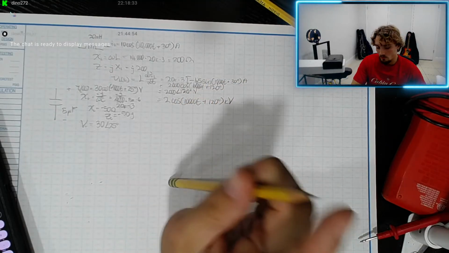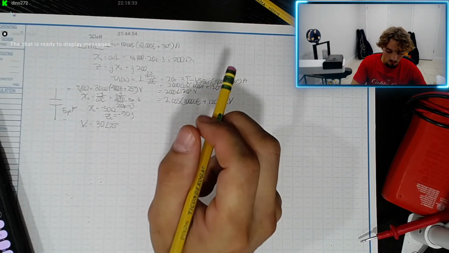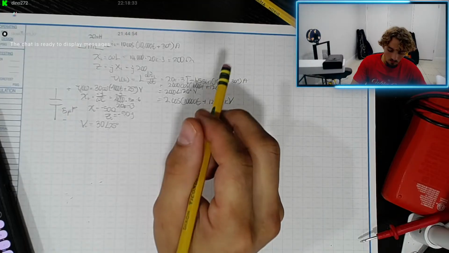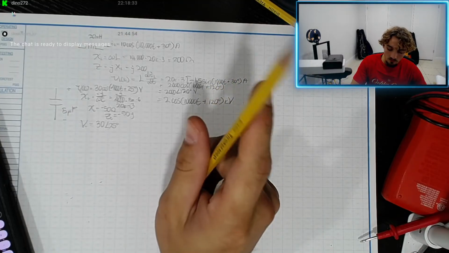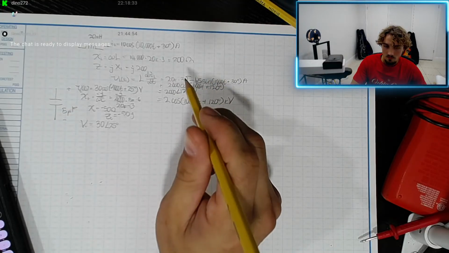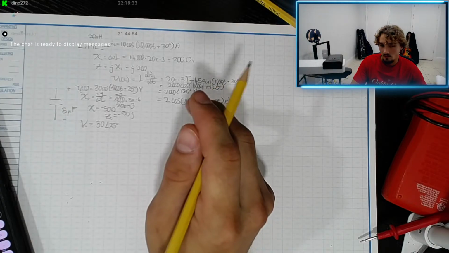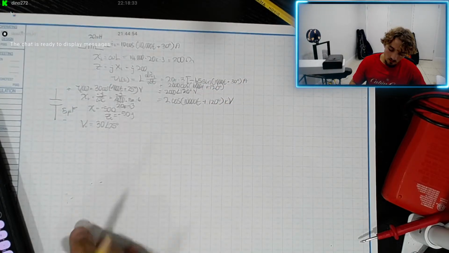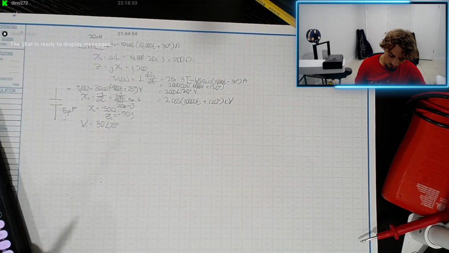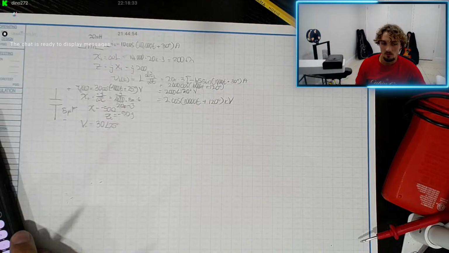The phasor voltage. What would I need to change? 0.6, it's a fraction, and we have some added number. What do we have now? 20?